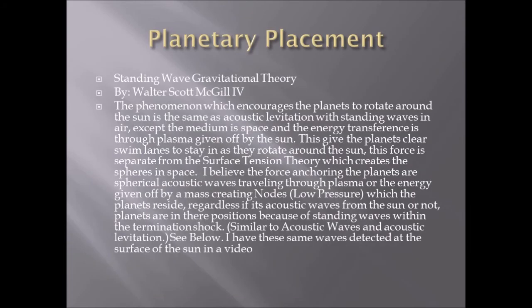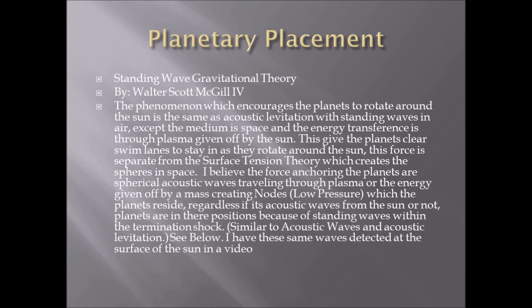Moving right along: planetary placement. This makes perfect sense to me: the sun gives off acoustical waves that are transmitted through the plasma, and we're just stuck in a node. All the planets are.